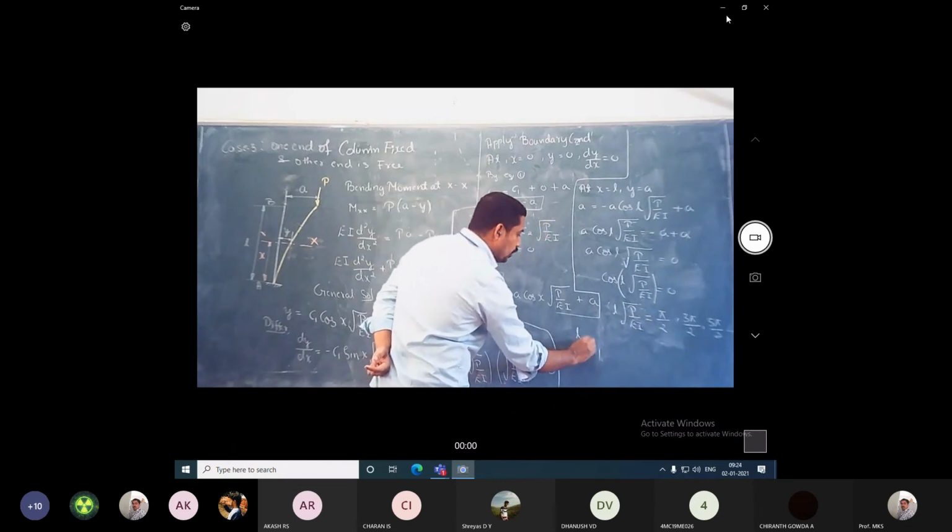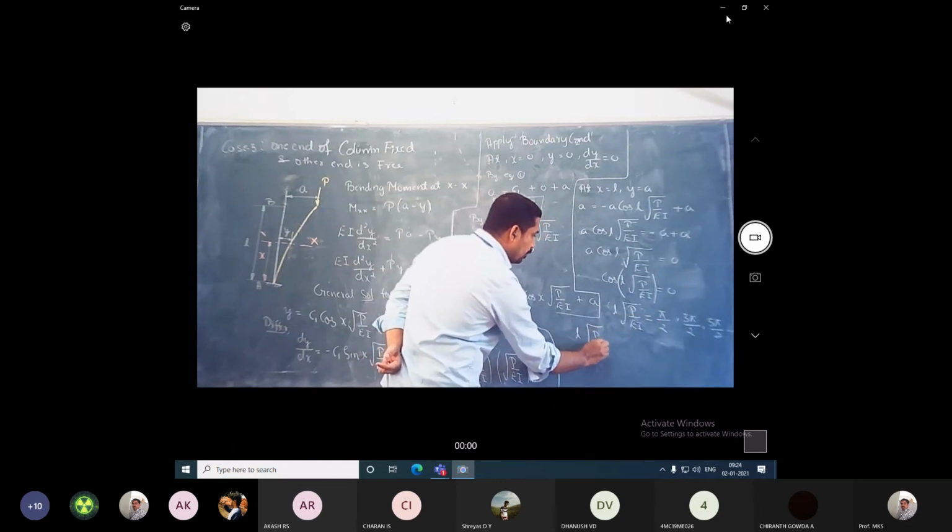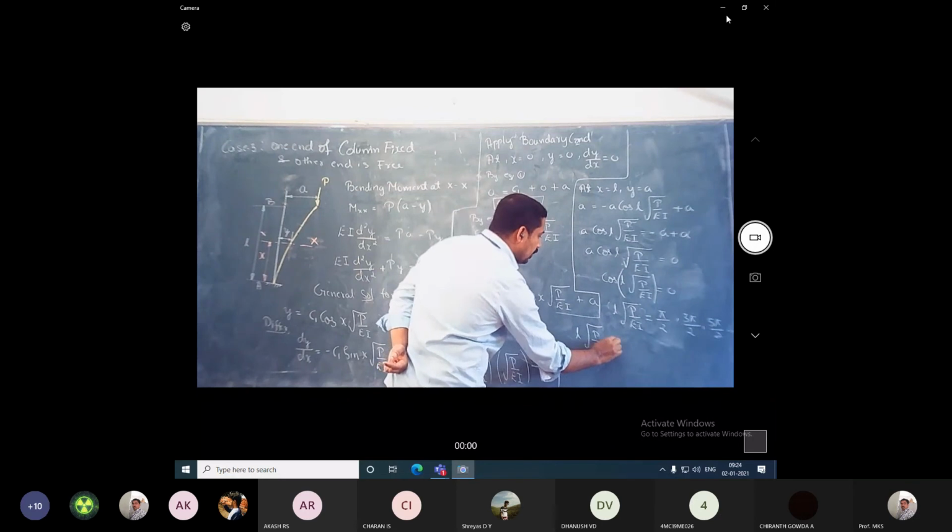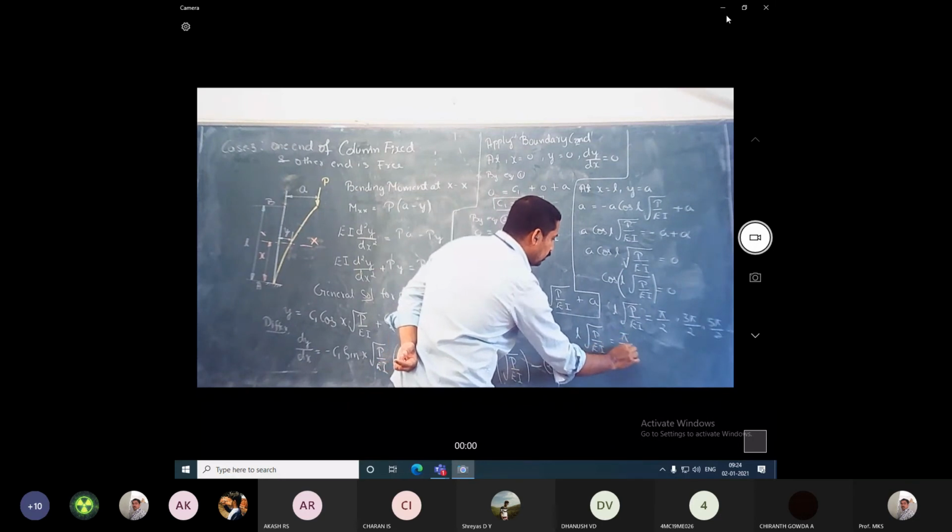Therefore, L into root of P by EI will be equal to pi by 2.